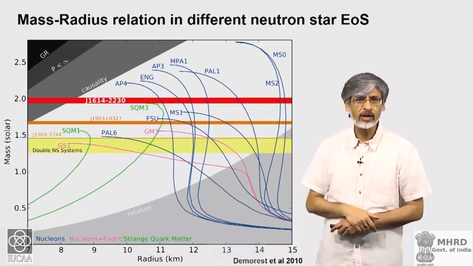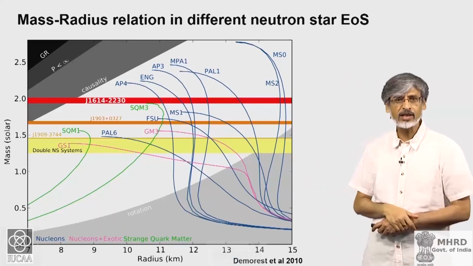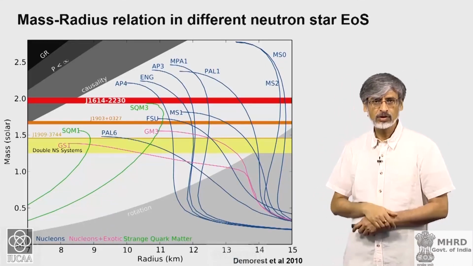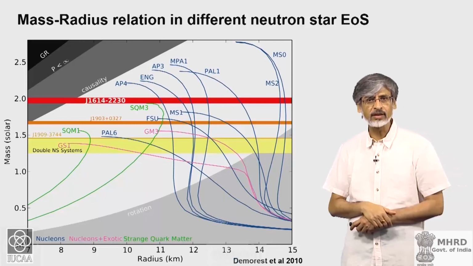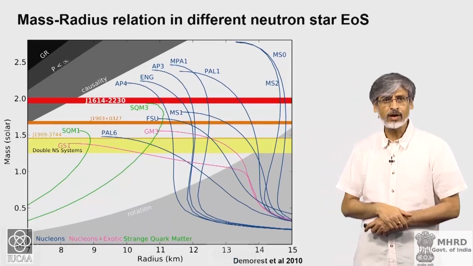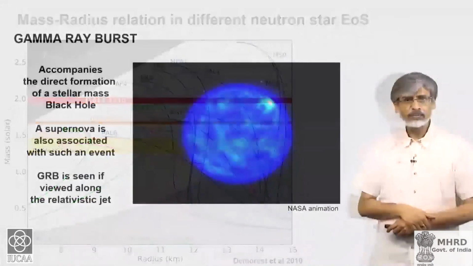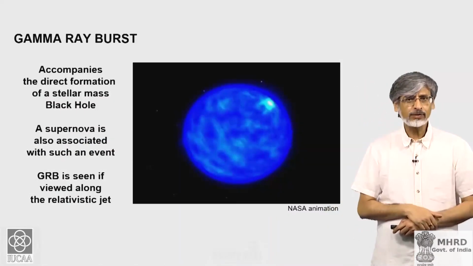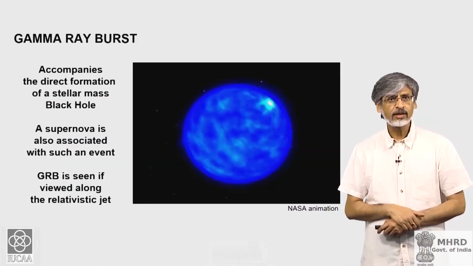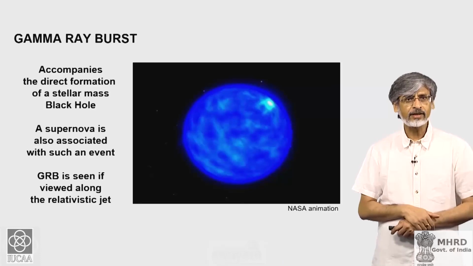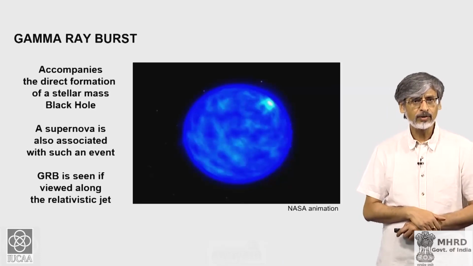So, that is where one feels that the maximum mass limit of the neutron star, in whichever equation of state you assume, is somewhere around 2.5 times the mass of the sun. If the mass of the core had actually exceeded that, then you would have had a direct formation of a stellar mass black hole.